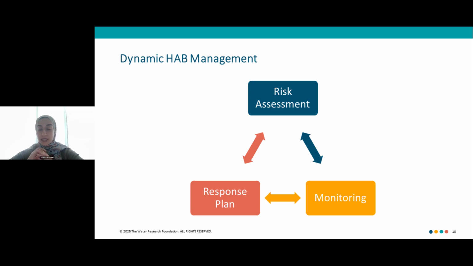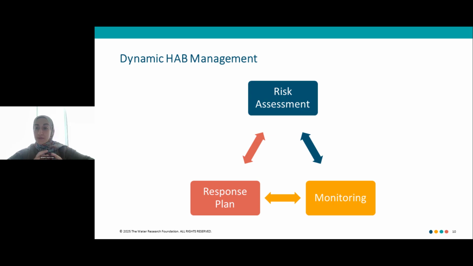So it has to be updated regularly based on the new things that you're seeing at your plant, something like changes in the frequency of the bloom from one season to the other, or changes in the source water conditions, for example, that can change due to climate change, or maybe the nutrient loading in your water, or even if you have any updates on your treatment plant. All of these things need to be taken into consideration when you're doing risk assessment.